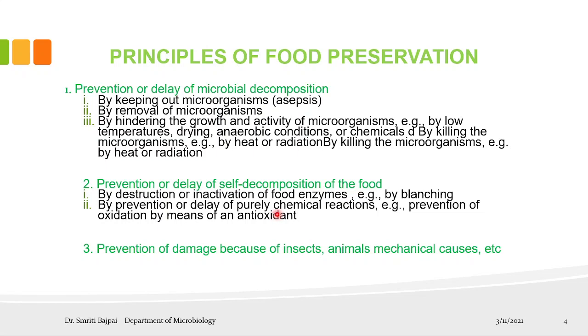That can be done by inactivation of the food enzymes, because the food's own enzymes will cause it to self-decompose. So if we inactivate those food enzymes, that can be slowed down. Third principle is the prevention of damage because of insects, animals or mechanical causes.